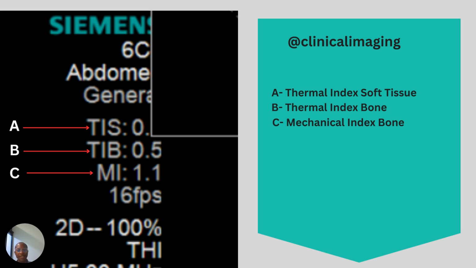These are just indicators of how much intensity the machine is producing. So they are to guide us on how to operate. If our TI or MI are very high, we have to do something in order to reduce it. We have to optimize and make sure that we operate based on ALARA, as low as reasonably achievable.